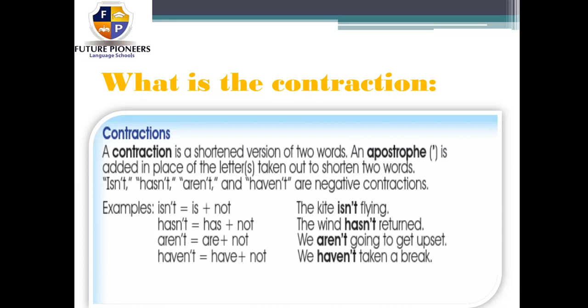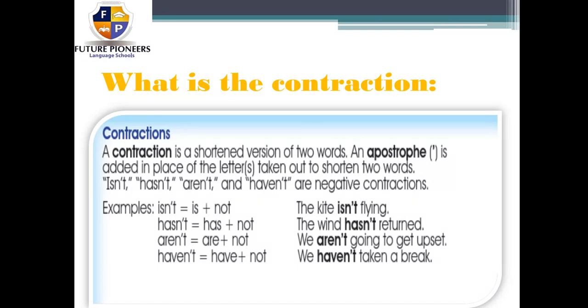An apostrophe is added in place of the letters taken out. So instead of writing two words, we take some letters out and add an apostrophe.